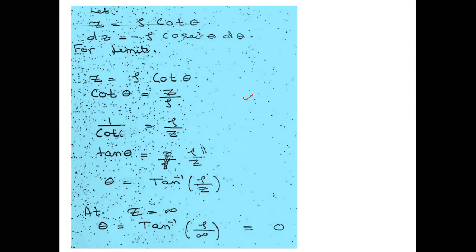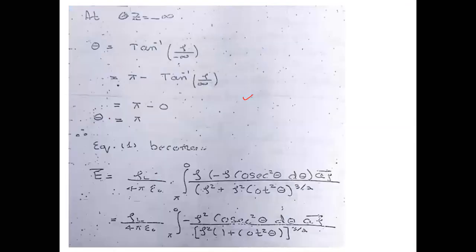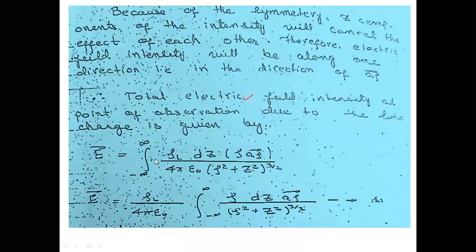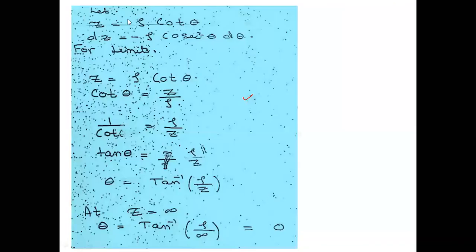Okay, so now the step is to find the limits, because minus infinity and plus infinity are the limits for the z, but now we have switched the function in terms of theta. So now we should have the limits for the theta.